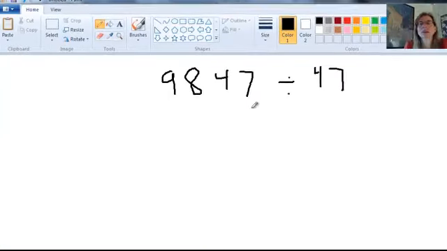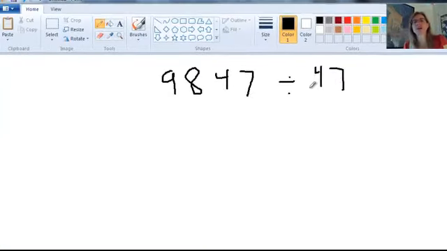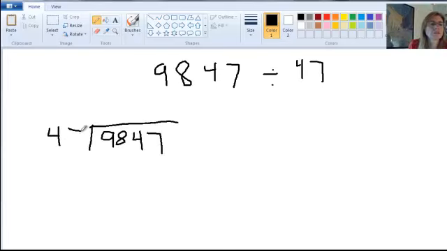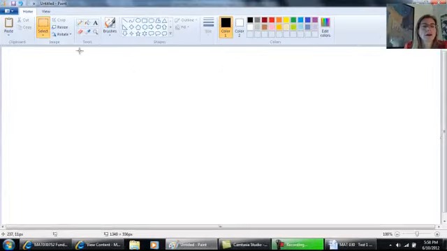Think back, this is the dividend, and this is the divisor, what's going into the dividend. Let's digress for just a minute. If I had, for example, 3 into 6, let's make it real simple.